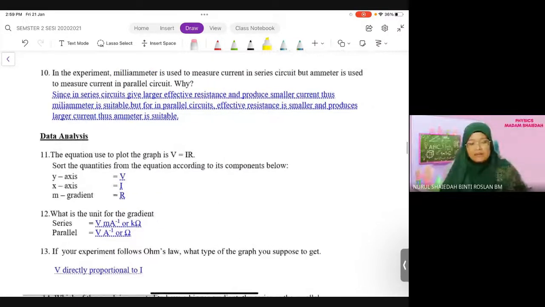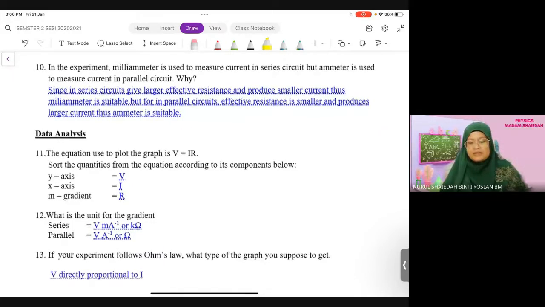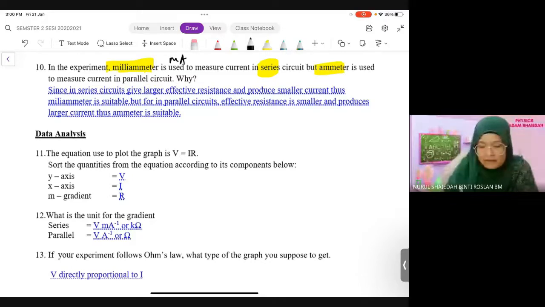In the experiment, milliammeter is used to measure the current in series circuit, but ammeter is used to measure in parallel. Kalau you perasan, you akan ada milliammeter, satu lagi ammeter. Kenapa untuk series you guna milliammeter? M lah kecil, mA. But kalau untuk parallel, you akan guna ampere besar.